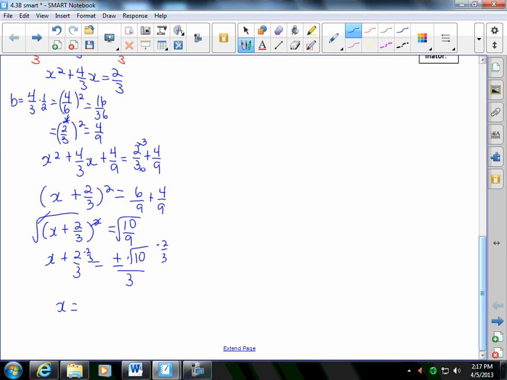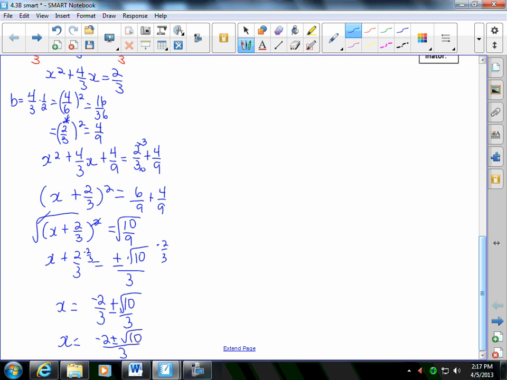So x is equal to negative 2/3 plus or minus square root 10 over 3. And again, I have that common denominator, so I can write this all over 3. So x is equal to negative 2 plus or minus square root 10 all over 3.